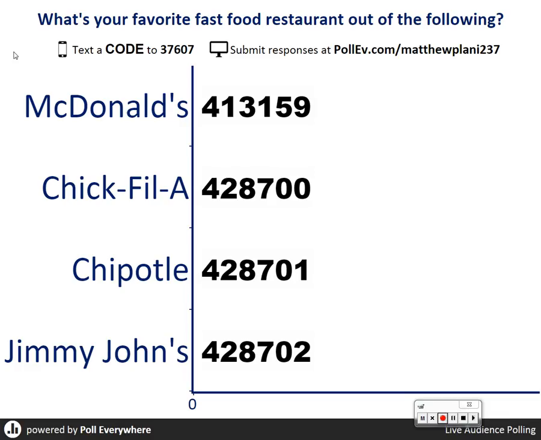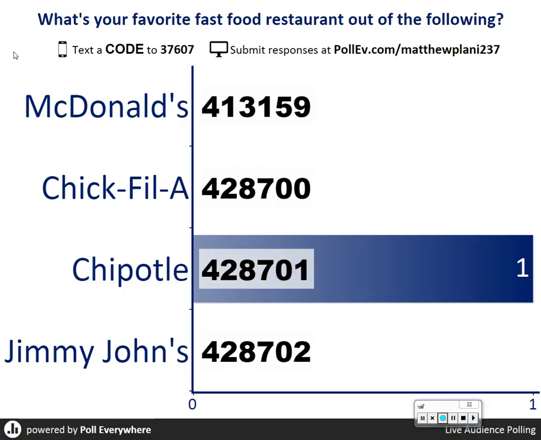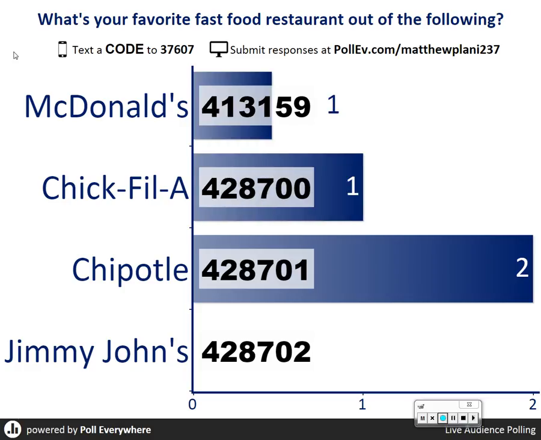Then in the body of your text message, you're going to include one of these 6-digit codes to represent your choice. When it receives text messages, it automatically starts tallying the results so we can see how you voted. I believe that's the first vote that McDonald's has gotten all day long.